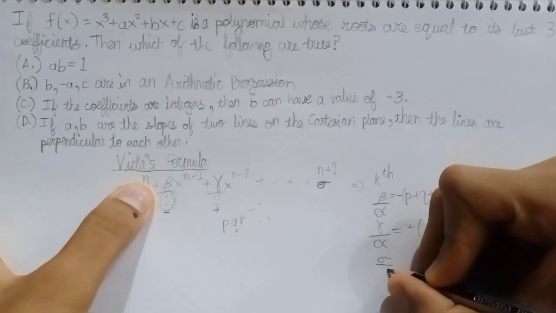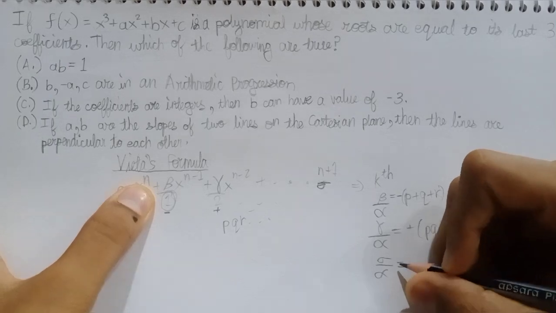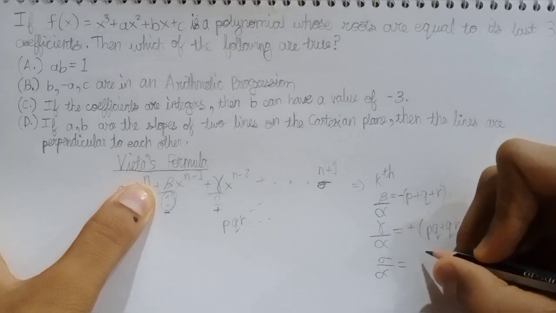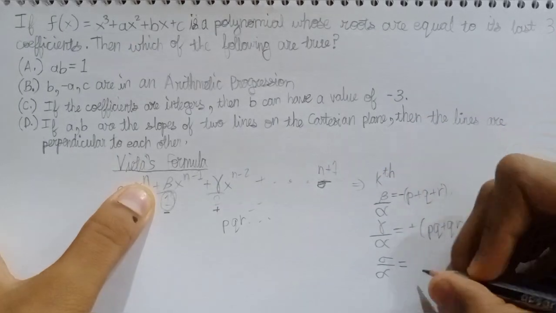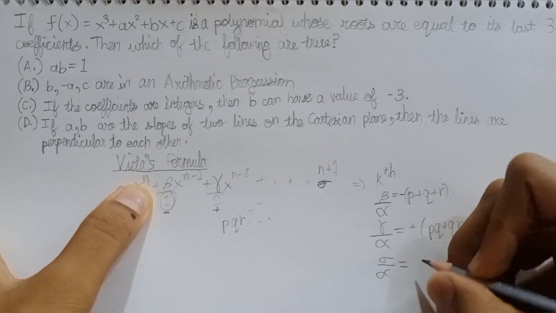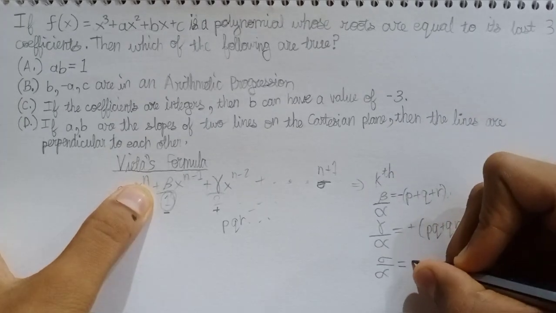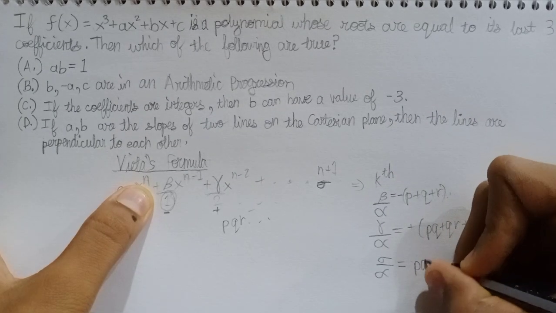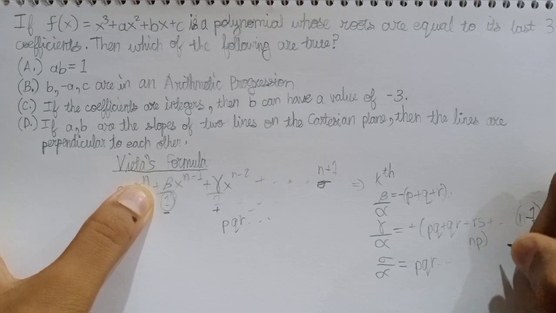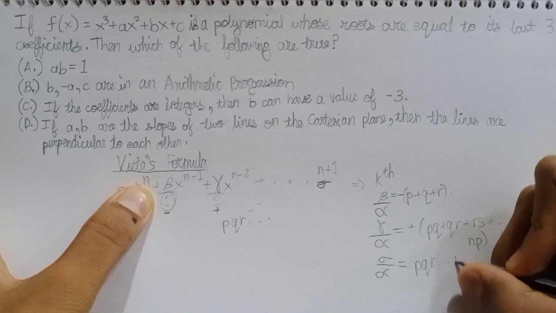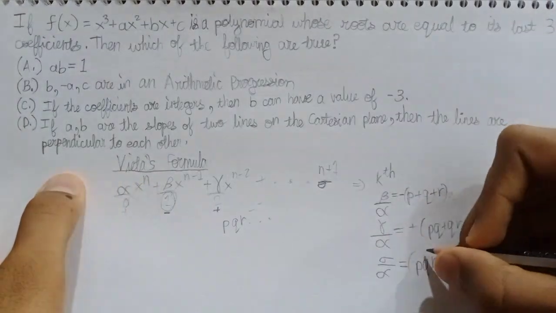Sigma by alpha is equal to the product, because we're going to take all n roots at a time: p, q, r, and so on up to the nth root. So this is the formula you'll be using here.